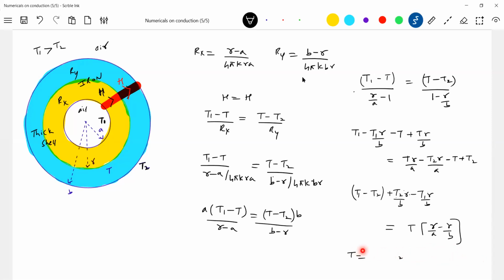I think I lost it somewhere. T1 minus T2, okay, this is okay. Here I should bring this, this should be T2A. Yes, fine then.